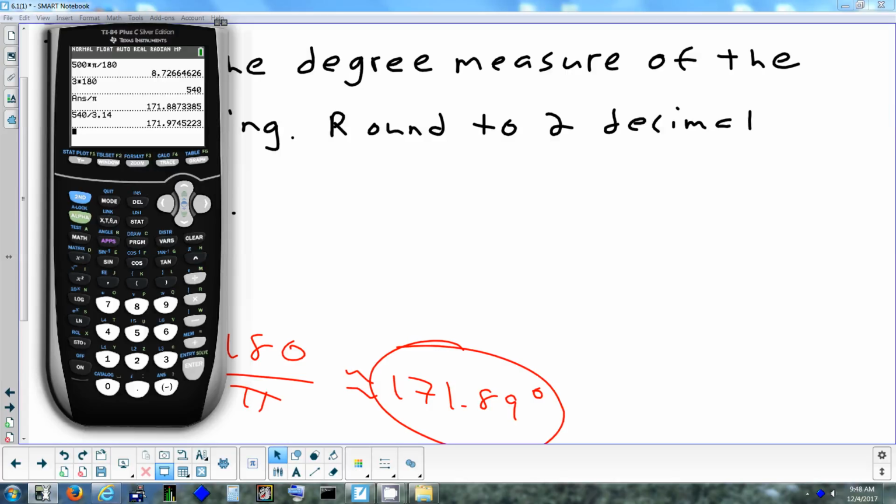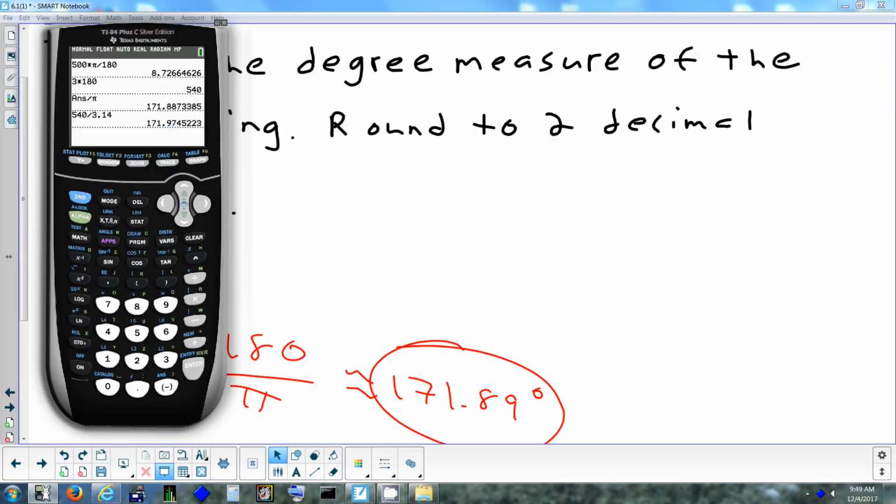That's quite a bit different. It's not like you got 171.88 and 171.89. It's not like they were that close. 89 versus 97. That's definitely off a little bit. Okay. So always use the pi button. And where that would be really important is pretend you were navigating from Boston to Europe.